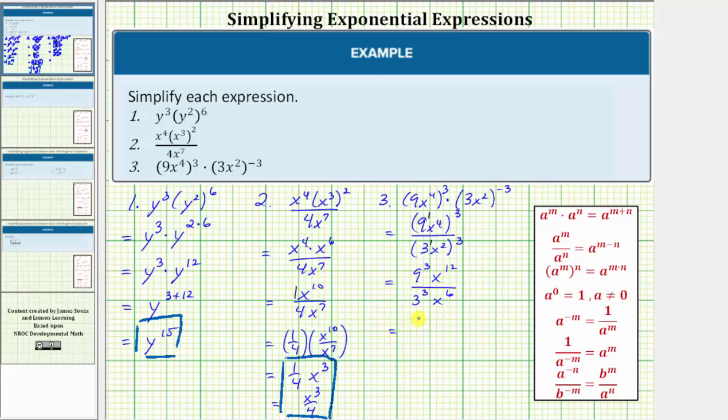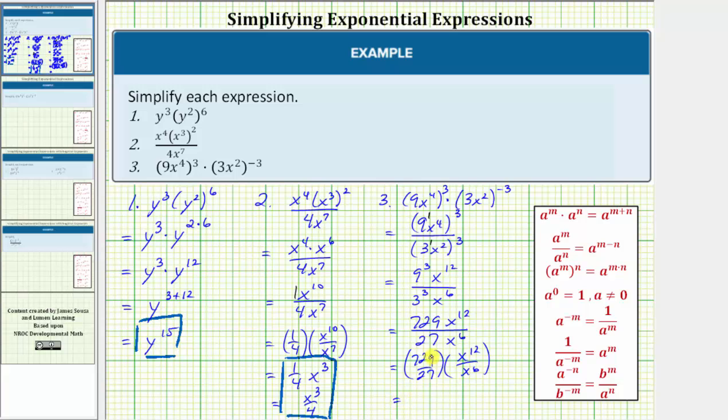So this is equal to 729x to the 12th divided by 27x to the 6th. And now we'll simplify the quotient of the coefficients and the quotient involving the x's. So this is equal to 729 divided by 27 times x to the 12th divided by x to the 6th.